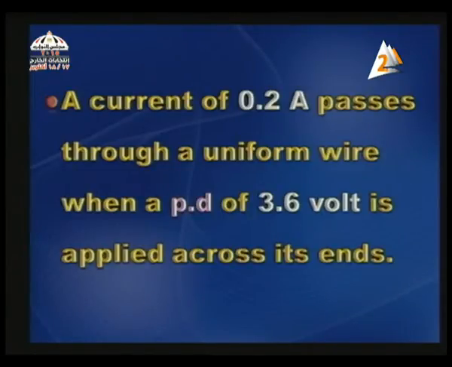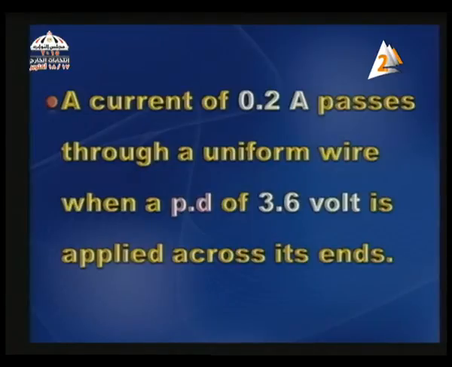A current of 0.2 ampere passes through a uniform wire when a potential difference of 3.6 volt is applied across its ends. So we've got a uniform wire. What does it mean, uniform wire? It means it has got uniform cross-sectional area.